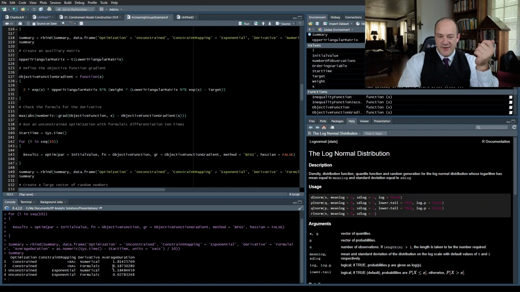By providing it derivatives, we were able to decrease that by 90% down to 0.18 seconds. And by reformulating that as an unconstrained optimization problem through this mapping, we were able to get that down to 0.02 seconds. And that's another 90% decrease in runtime.